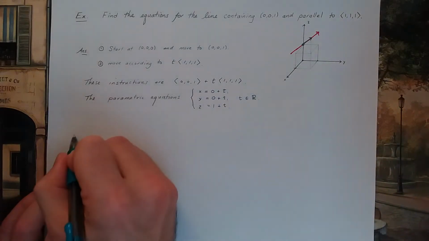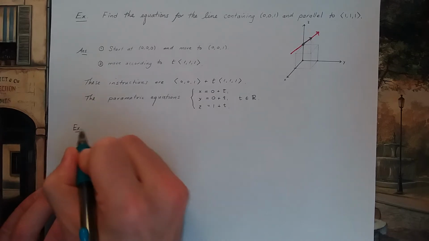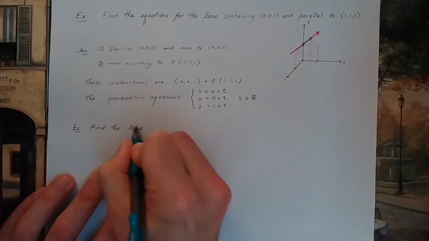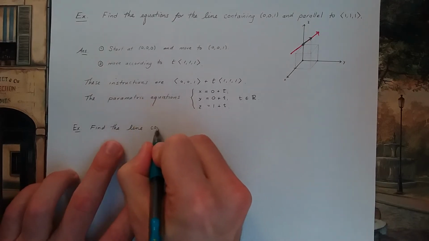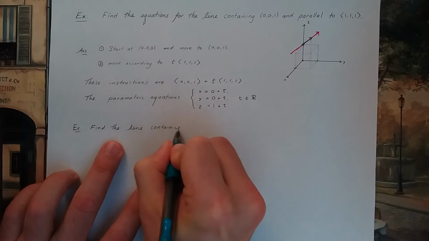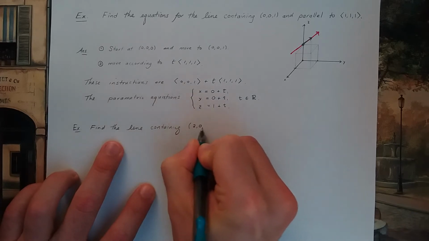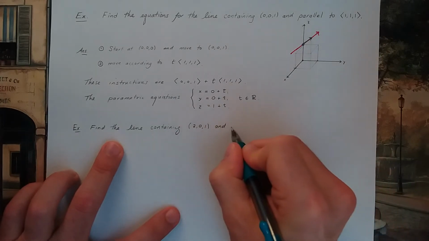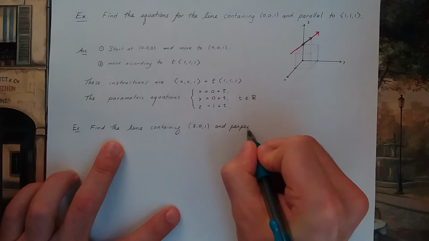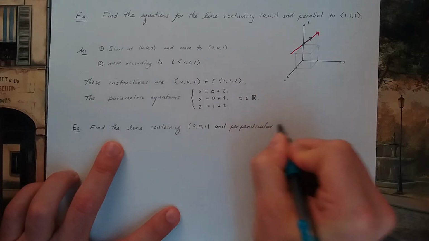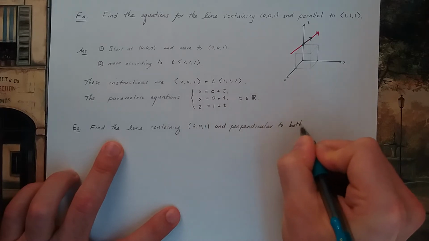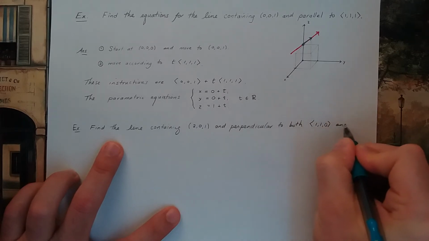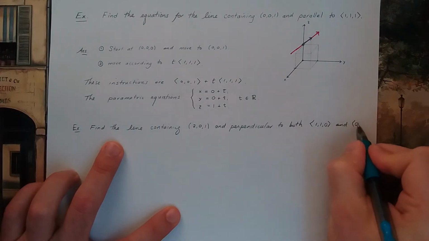Let's do another example. Let's find the line containing the point 2, 0, 1 and perpendicular to both the vectors 1, 1, 0 and 0, 0, 2.